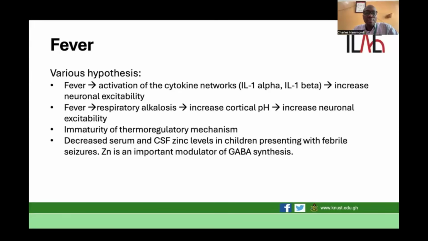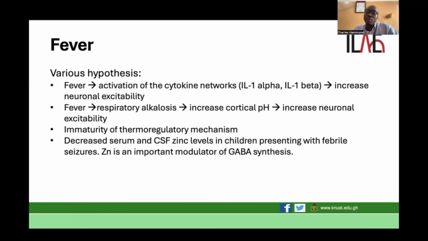Again, the fever may lead to respiratory alkalosis, increasing cortical pH, and this increases neuronal excitability again. Then the immaturity of the thermoregulatory mechanism in the young child has also been cited. And then again, some studies have said that there is a decrease in serum and CSF zinc levels in children who are presenting with febrile seizures.